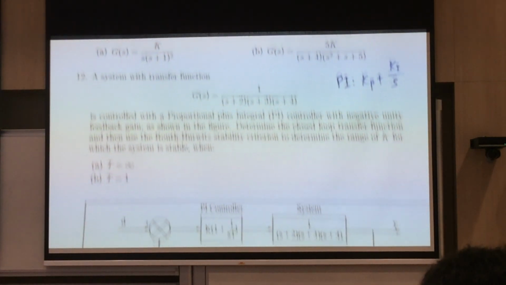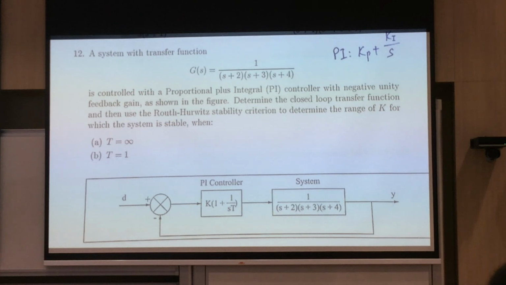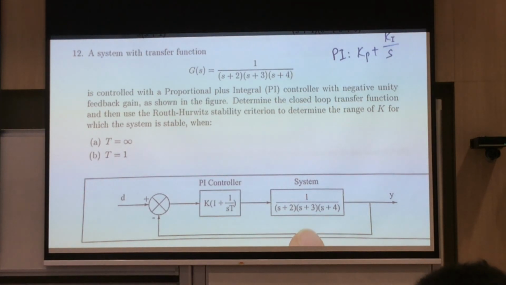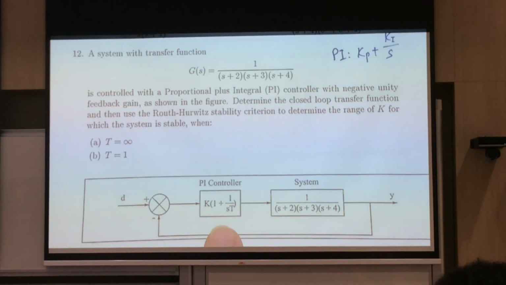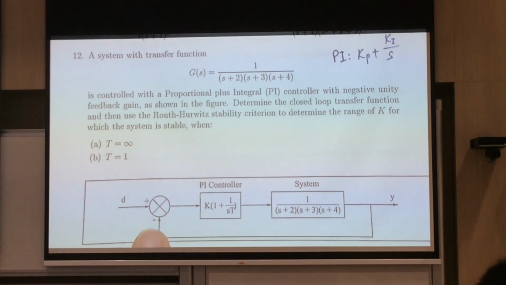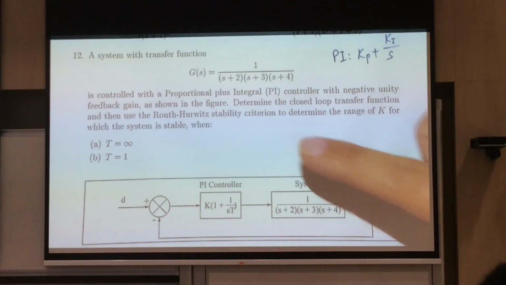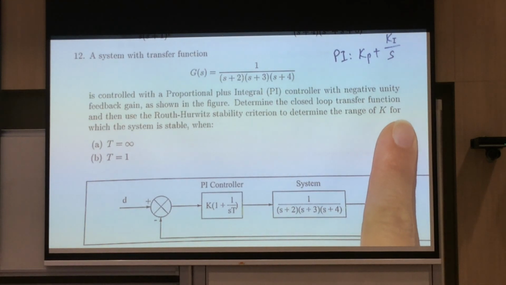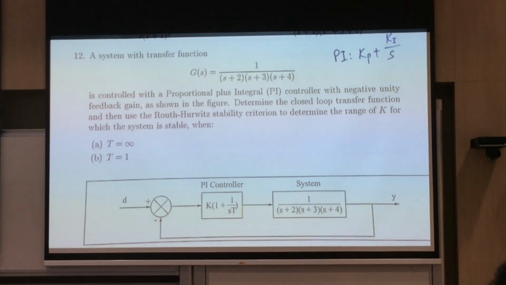So you are drawn a figure. This is your G(s), which is your plant system. This is your PI controller. They are wired with negative feedback like this. Determine the closed-loop transfer function. What is the closed-loop transfer function? KG over 1 plus KG.